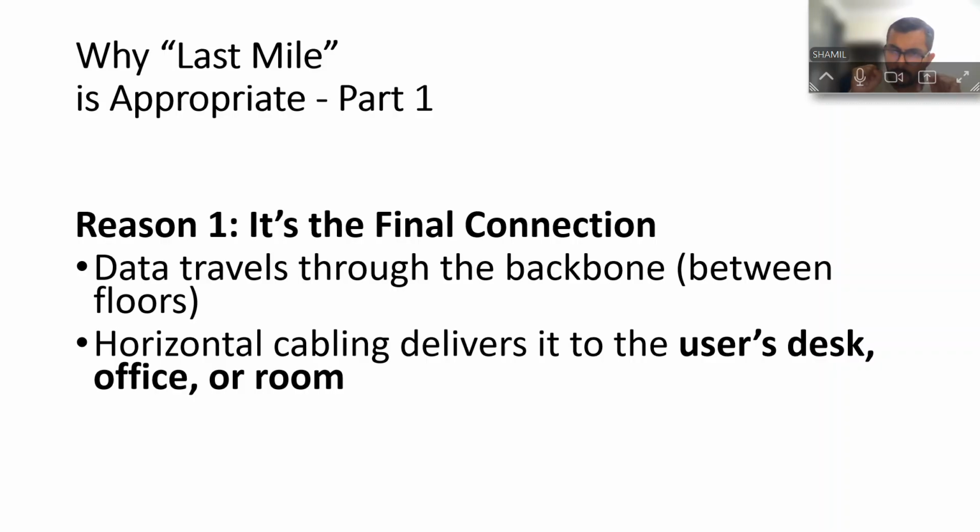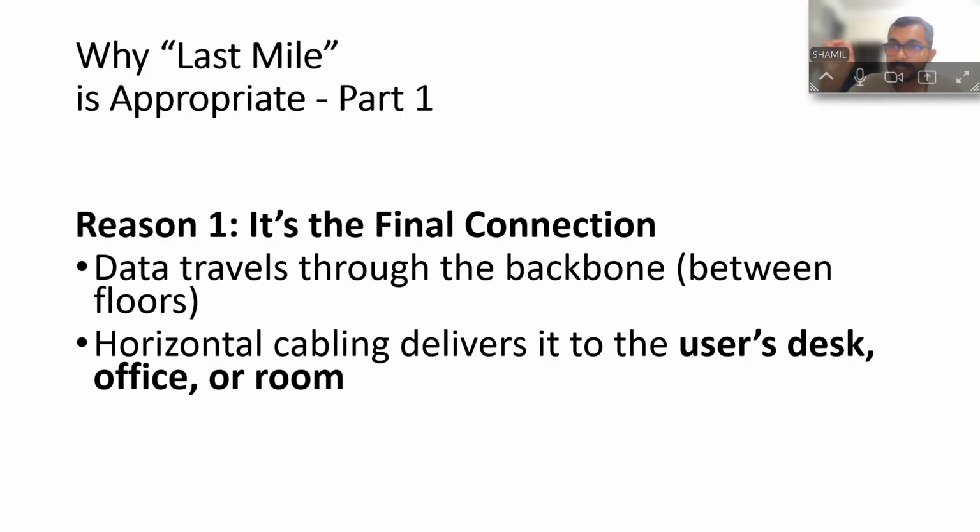Now, why is the term last mile appropriate for horizontal cabling? There are four reasons. The first reason is, since it is the final connection, the term last mile is appropriate. The data will travel through the backbone, and then it will reach the user through this horizontal cabling.